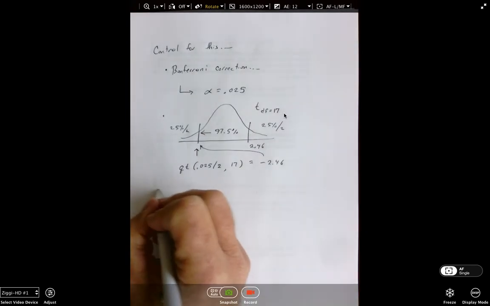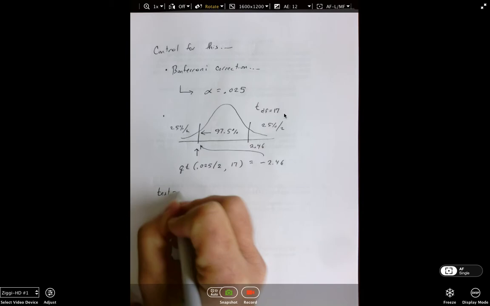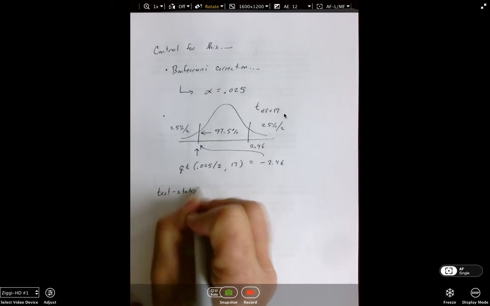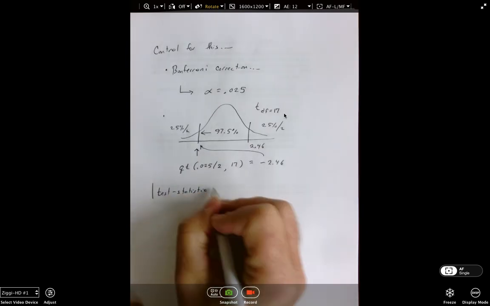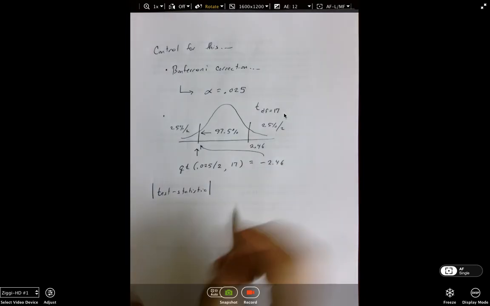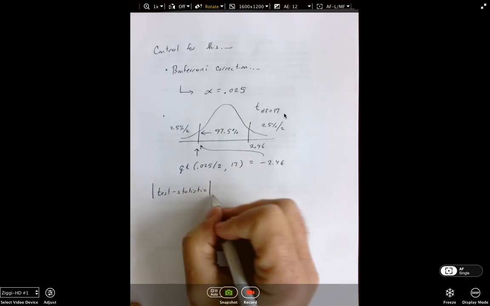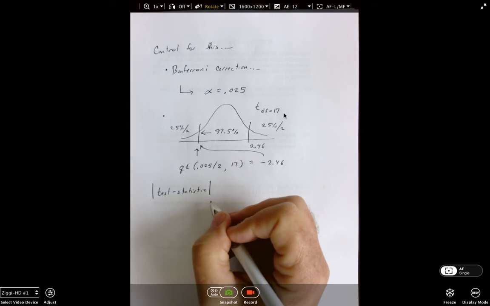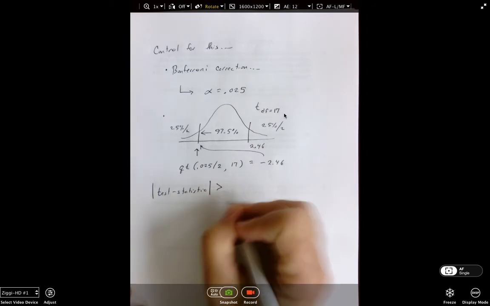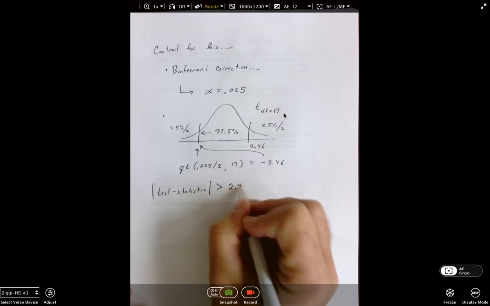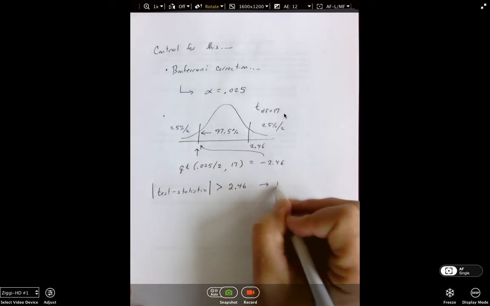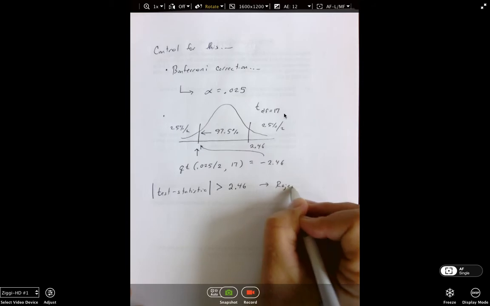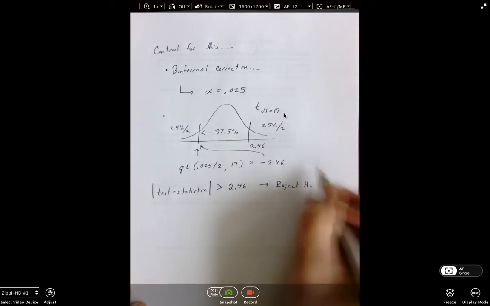So if the absolute value of the test statistic for our beta coefficient estimates, beta 1, beta 2, beta 3, is greater than 2.46, we reject H sub 0.